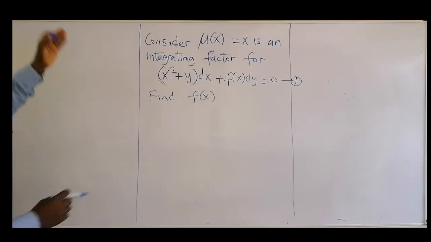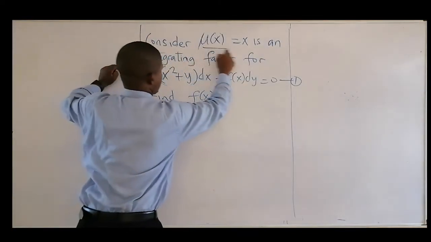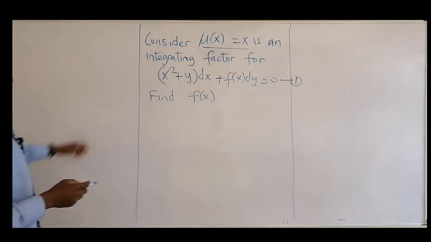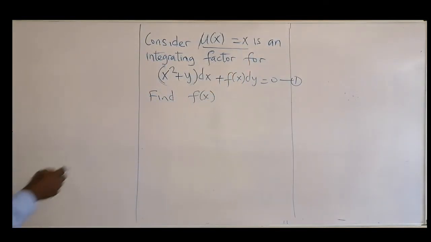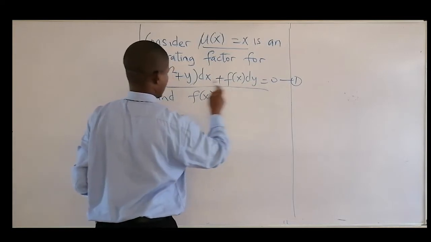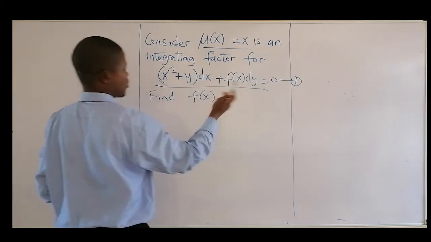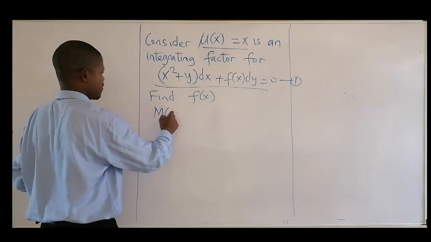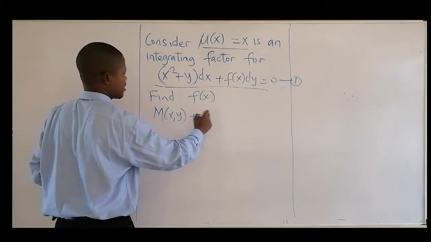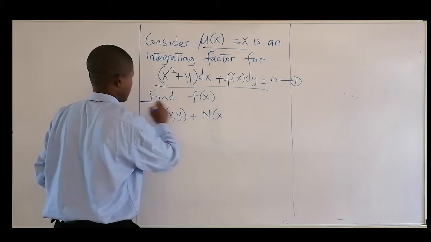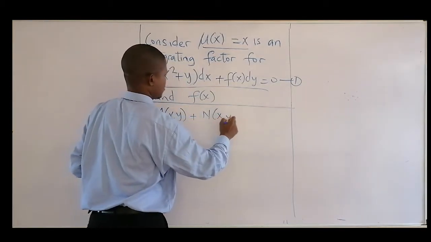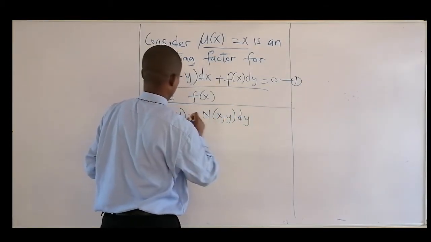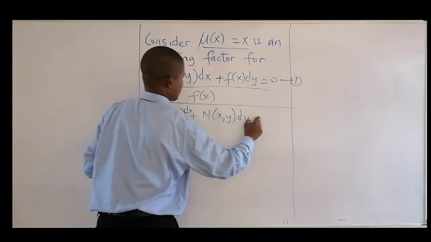Look at this question. Consider mu equal to x as an integrating factor for that given differential equation, which conforms to the general procedure of M dx plus N dy equal to 0.